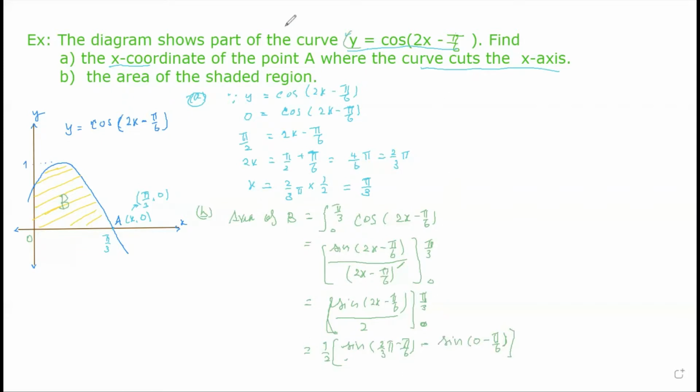Okay, now we can simplify. So this one goes up here. So area B equals, now 1 over 2 outside. Then simplify this one: sine of 2 over 3 pi minus pi over 6, LCM 6.